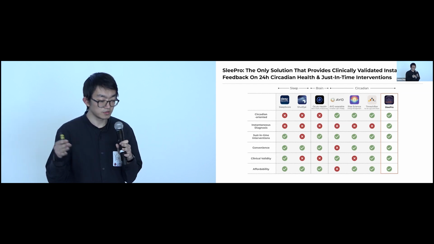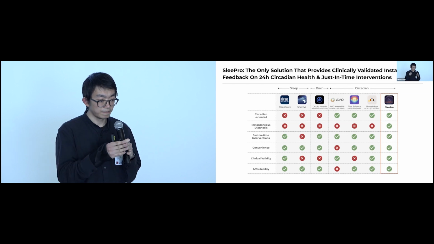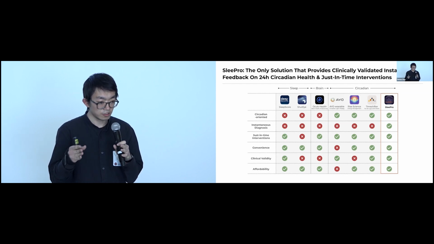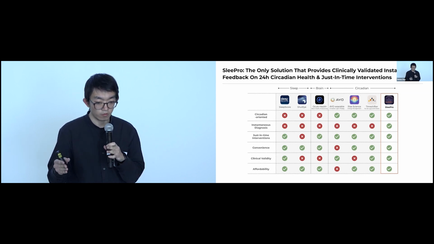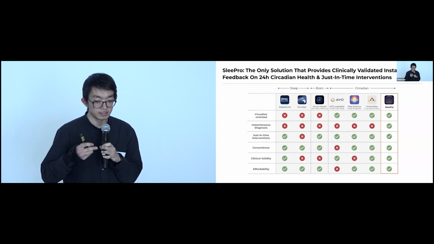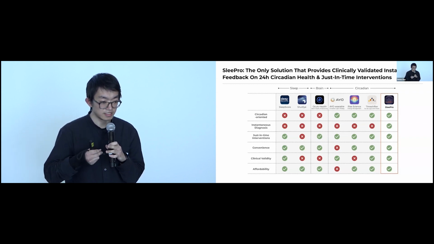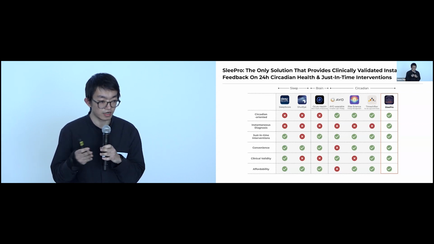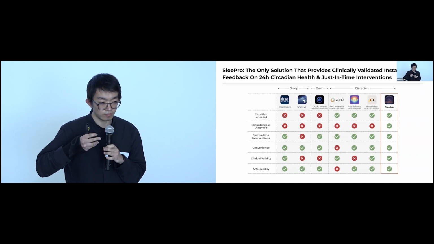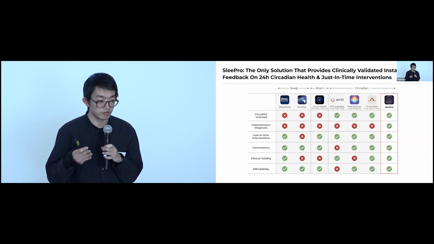It's long term, so they can only tell you, from this long-term perspective, what you can do. But for us, because we take voice as an instantaneous input, we can tell immediately which phase you are at during the day. And we also provide more precise and personalized interventions based on that.